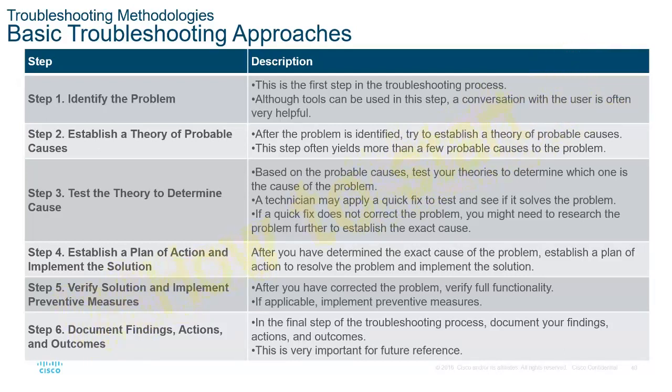Once we have tested a theory and we know that the theory is correct, we can establish a plan of action and implement the solution. Step 5, verify the solution and implement preventative measures. Maybe user training, maybe remove admin functionality. Lots of things that we could do to be preventive here. Last is to document everything.